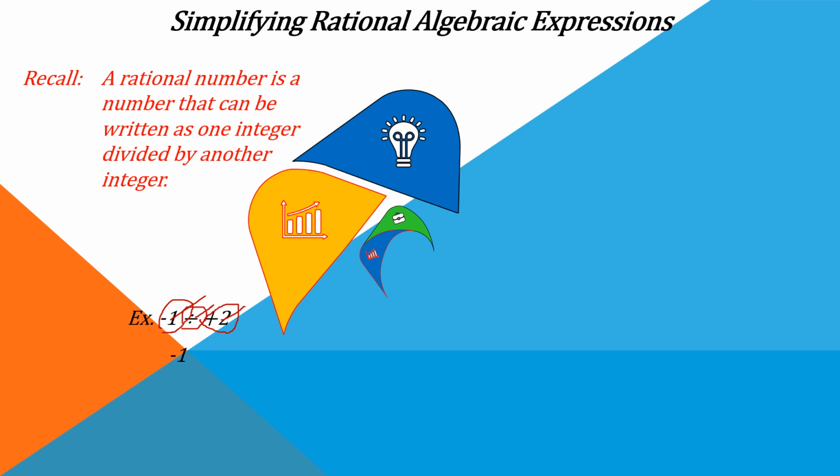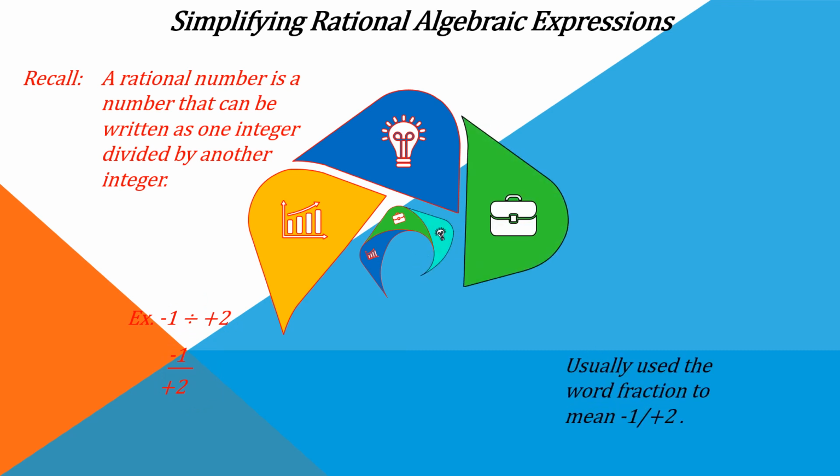Or we can say also -1 over +2. Since this sign is also division, we can write it also in this way. We usually use the word fraction to mean -1 divided by, or over, +2.